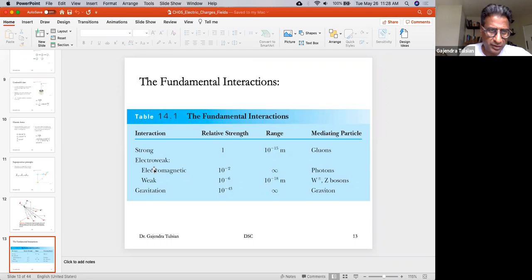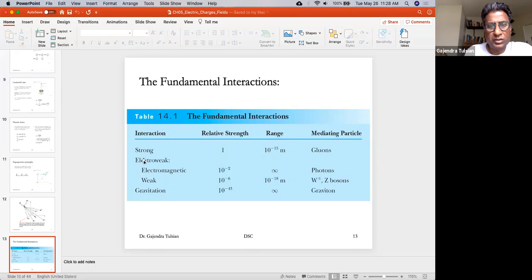We are only studying the electric part of this electromagnetic force right now. And then we'll study the magnetic part of the force later. And we've studied gravitation in physics 1. Okay, so there are the 4 forces: strong, electromagnetic, weak, and gravitation.